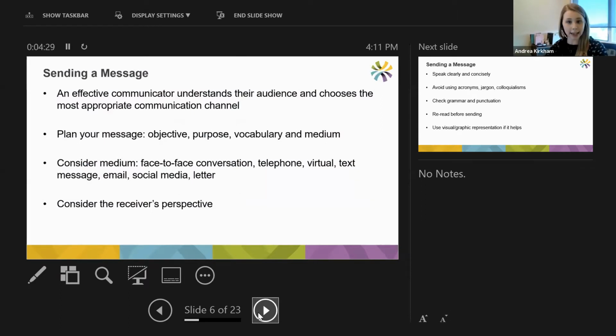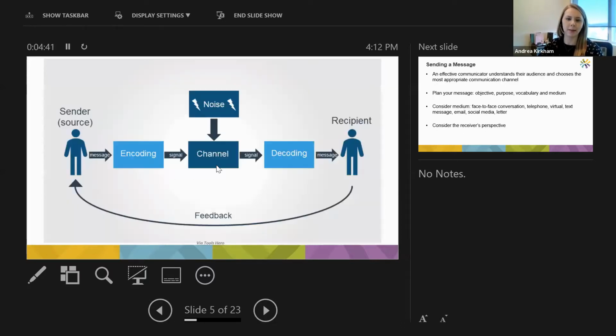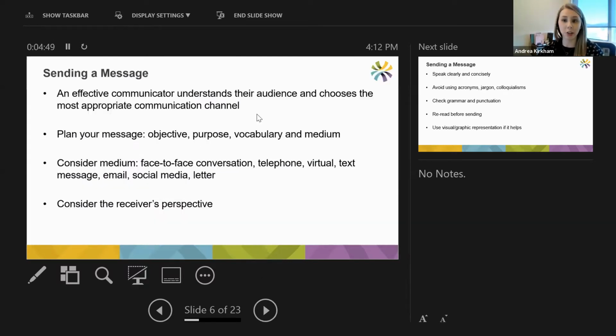So we'll start with sending the message. Ultimately, an effective communicator understands their audience and chooses the most appropriate communication channel. Now, when we're looking at this model, it looks like there could be a whole number of different ways that you can communicate. But usually when you're working with a particular individual or you know the setting that you're working in, whether it's with patients or you're speaking to a class or to a friend, you know the way that's going to be most effective.